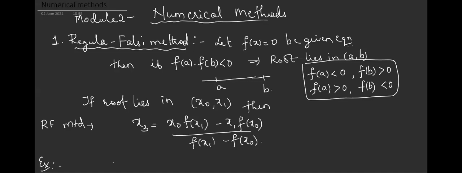If you draw the real line, the root is somewhere between a and b, not on this side or that side. You will understand this when I take the example. This condition has to be checked every time, mainly when we deal with the regula falsi method.